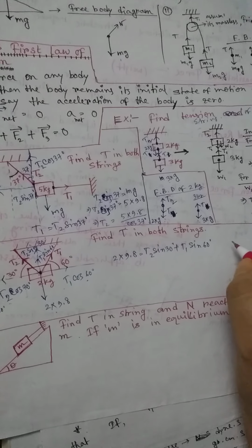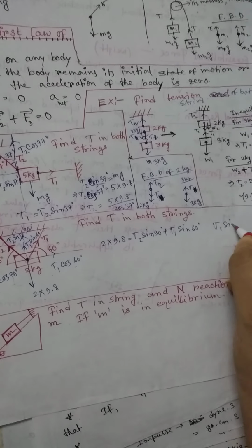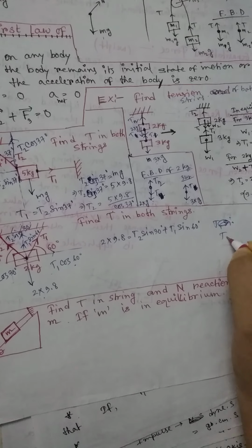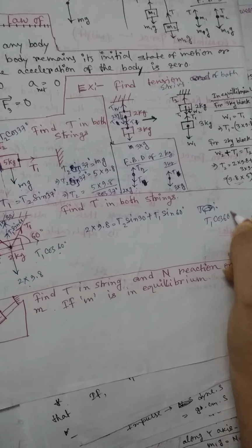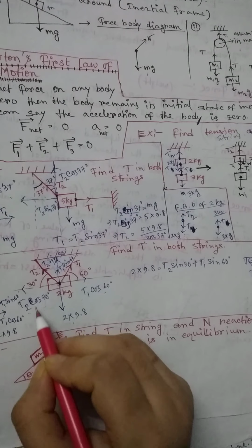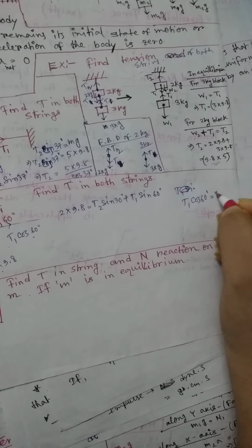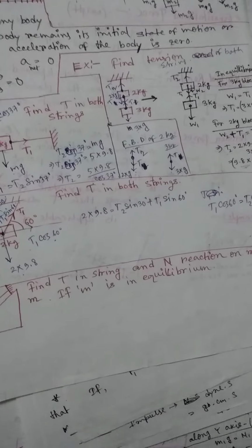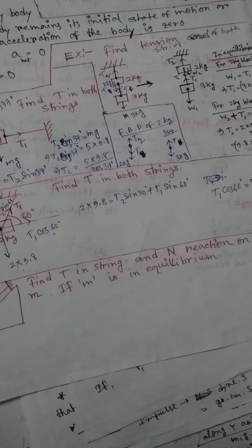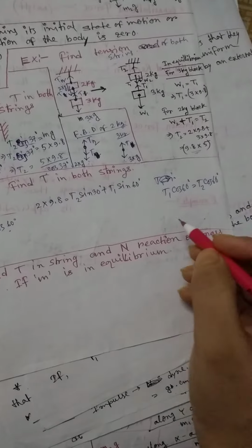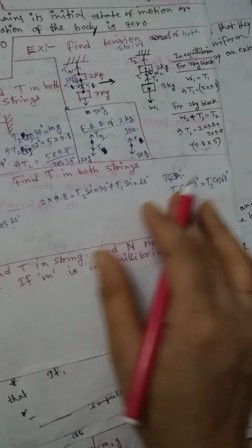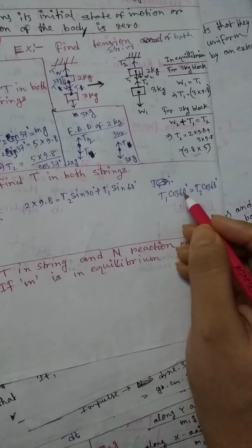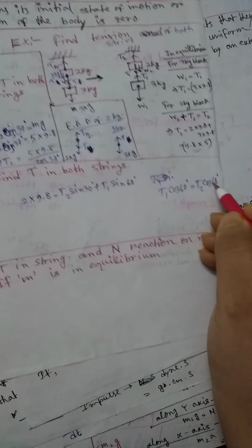So here T1 cos 60 equals T2 cos 30 degree. Okay, so just solve these two equations. Sorry, this one is 30.